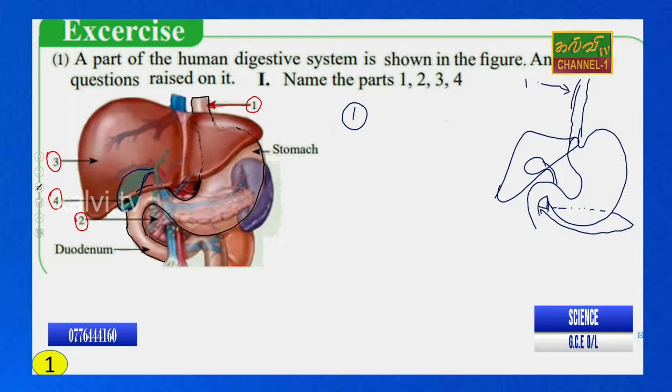This is number 1. So we can write number 1 is esophagus. Number 2, pancreas.